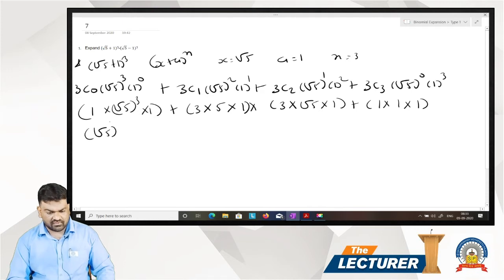So root 5 raised to 3 plus 15 plus 3 root 5 plus 1. Second part.